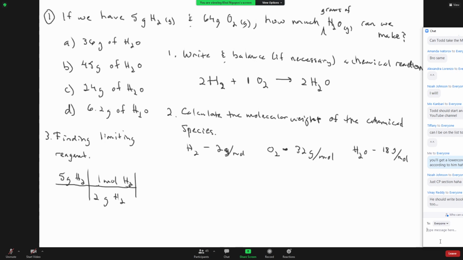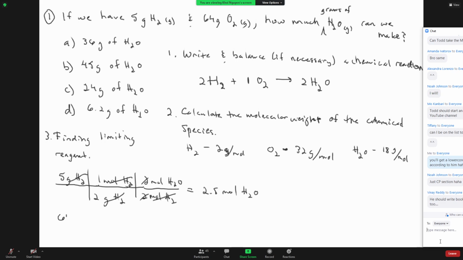And then using our chemical reaction, for every 2 moles of hydrogen gas, this is our stoichiometric coefficients from our chemical reaction, we make 2 moles of water. Okay. So what you end up noticing, the grams of hydrogen cancel out, moles of hydrogen gas cancel out. We're only left with moles of water. The 2's cancel out. So 5 divided by 2 is 2.5 moles of water that we make. Okay.